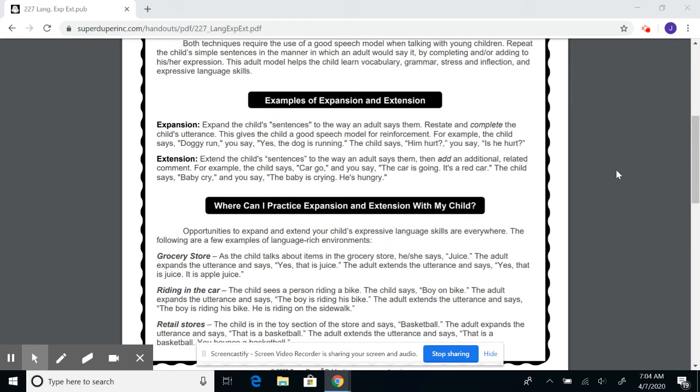You are just restating what the child says into a complete grammatically correct sentence. And then with extension, you are going to restate what the child says, and you can also add additional information related to the activity or the child's comment. For example, if the child says, "Baby cry," you could say, "The baby is crying, he's hungry."